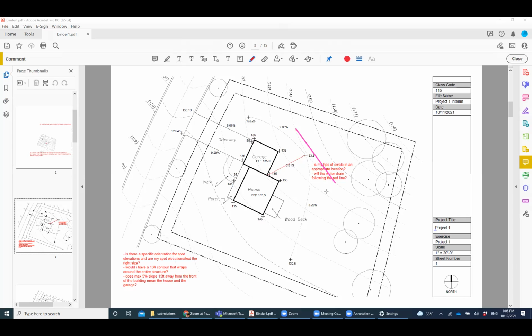Your driveway 8.1 and 9.2 seems like they should be working. 130.5, 3.81. Okay, so none of the slopes are violating anything, which is good.